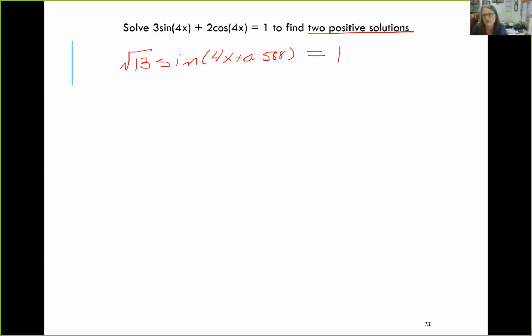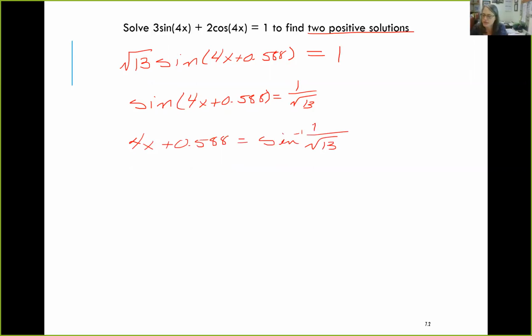Divide by square root 13. So we end up with the sine of this mess equals 1 over the square root of 13. Which means that this mess, this 4x plus 0.588, is going to equal the inverse sine of 1 over root 13. Now, if you plug that into your calculator, you're going to get 0.281.